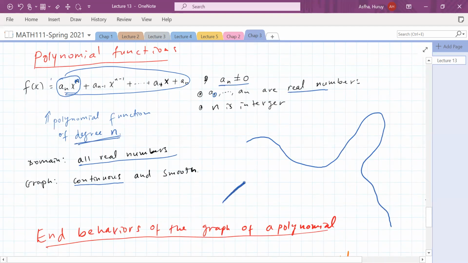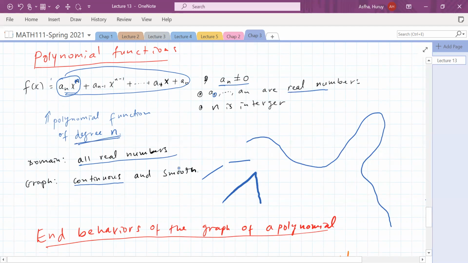If there is a sharp edge, of course, I don't lift it, but then this is not smooth at this point. If there is a break, then again, that's not continuous.